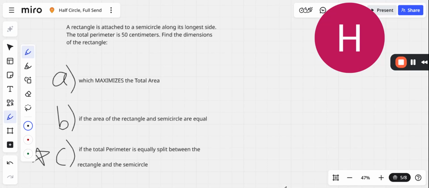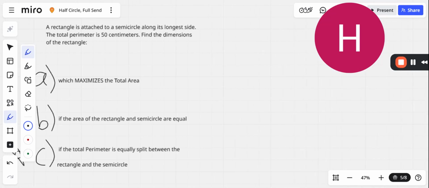All right. Now, looking at the problem, we see that a rectangle is attached to a semicircle along its longest side. So I'm just going to sketch that out. Definitely not perfect. Let's see if I can do a slightly better one. That one looks a little bit better. And so the radius would be coming from here. That's going to be the radius.